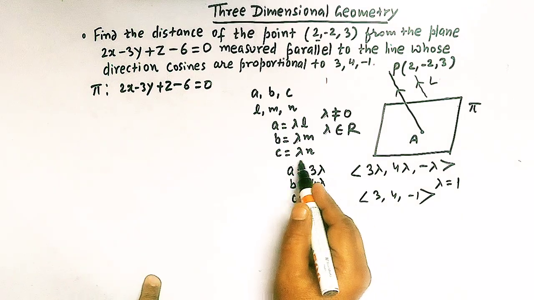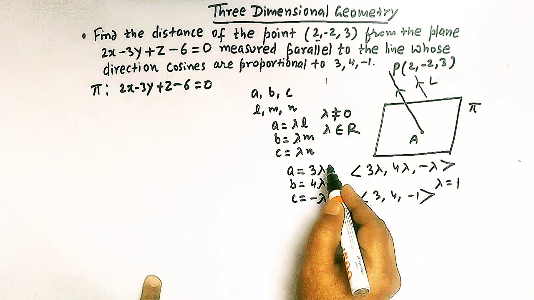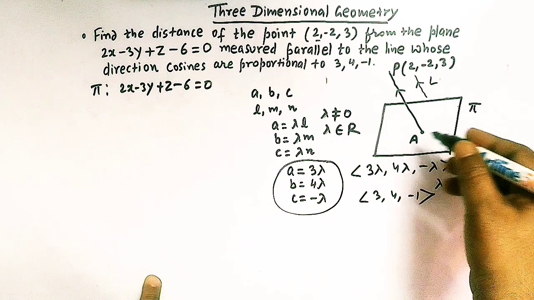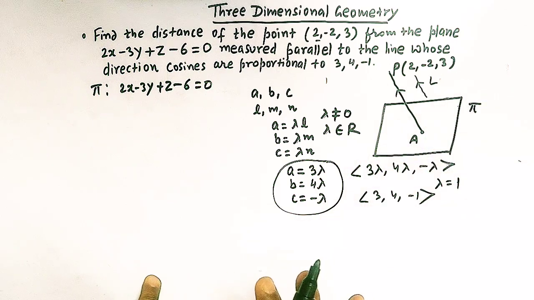Now if we assign different values of lambda to this set of numbers, then what will we get? We'll get a set of parallel lines, right?